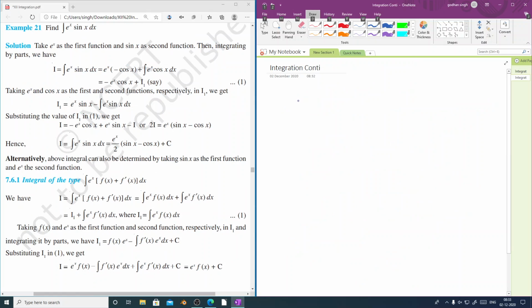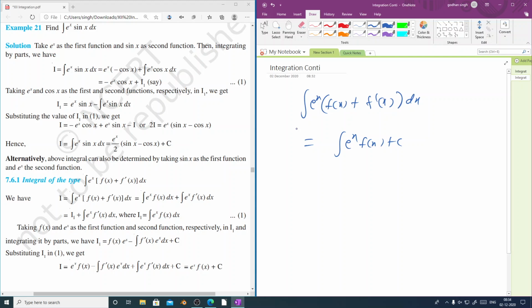Integral of the type e raised to x times f of x plus f dash of x dx. Whenever we have a function in which we are integrating e^x (f(x) + f'(x)), the answer will be equal to e raised to x f(x) plus c.